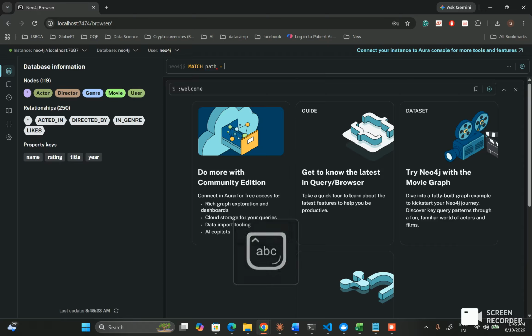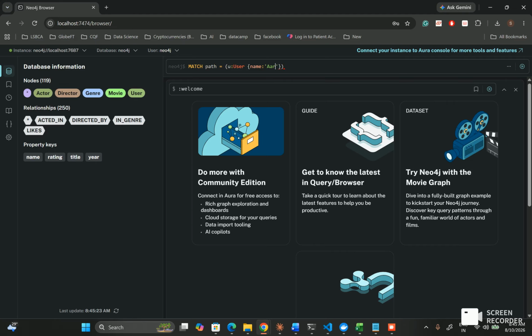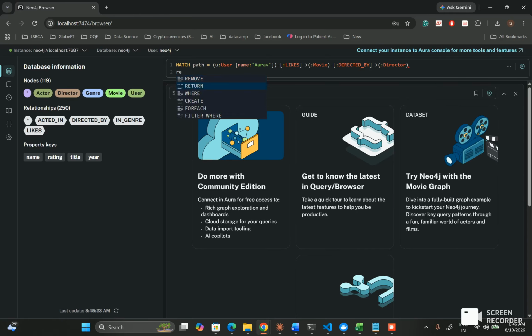MATCH path, user, name, Arav, likes, movie, Arav likes movie, directed by, director, RETURN path. It's the same as SQL.